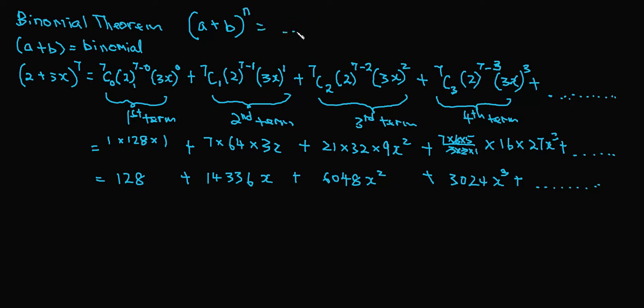So I want to find the term nCr, let's say we put r here, so a becomes n minus r, then b becomes r.